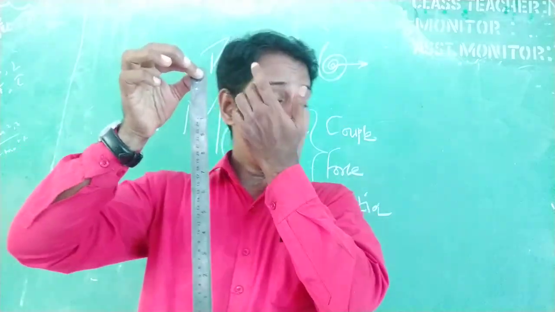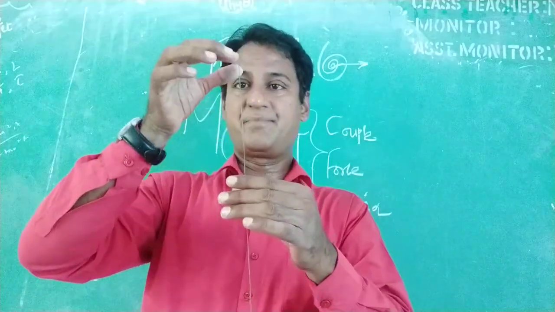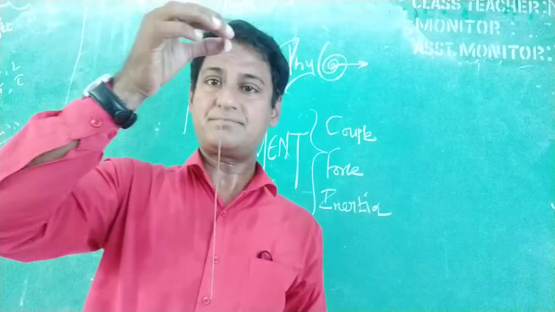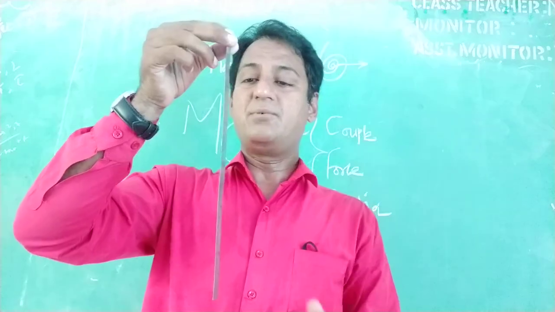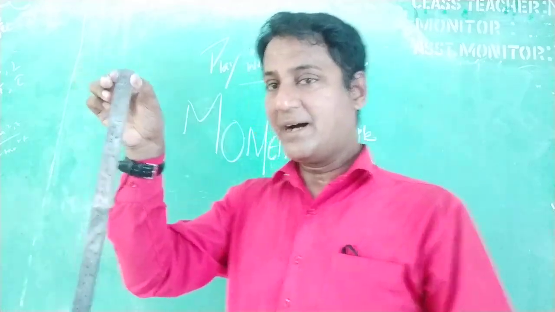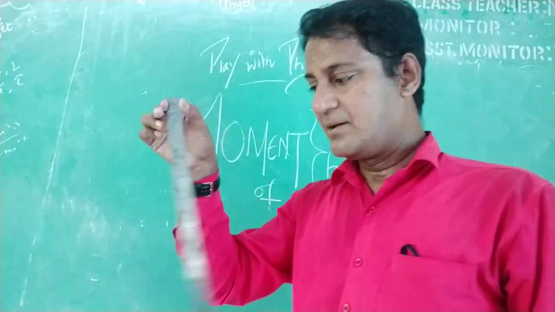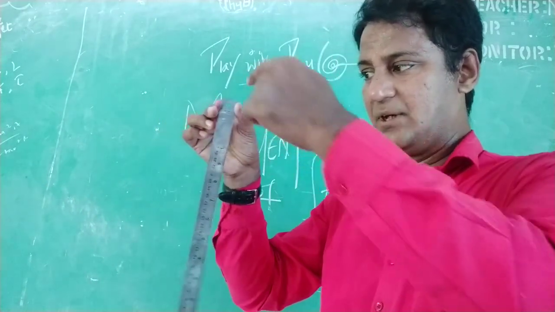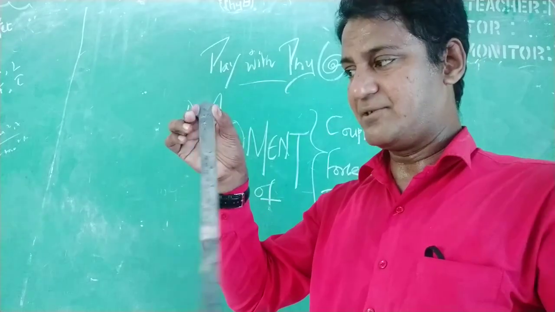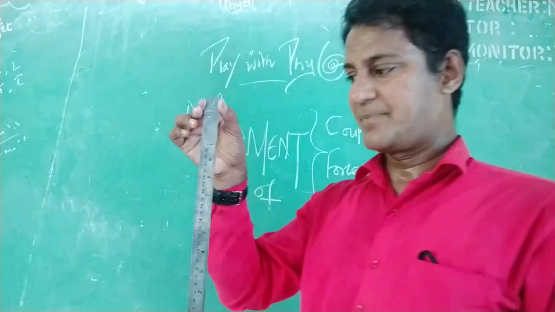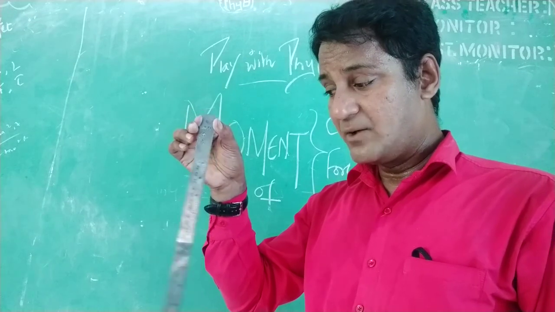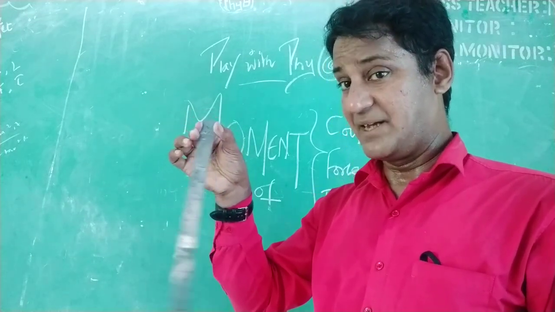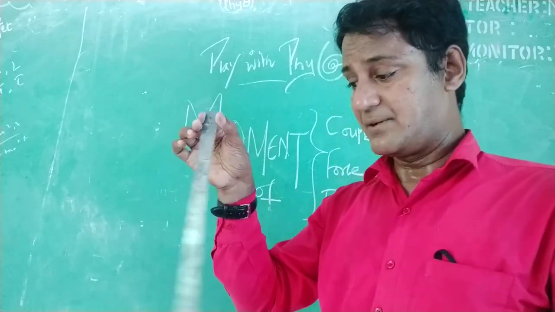Now, I am going to hold the scale like this. If I rotate the body like this, this hole is the axis of rotation of this body. When I rotate, there is a mass due to rotation.